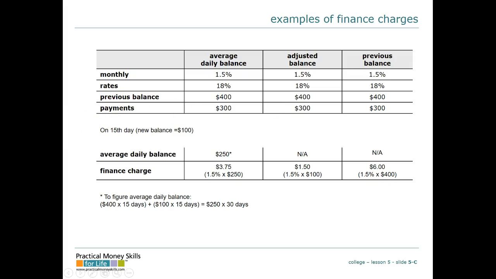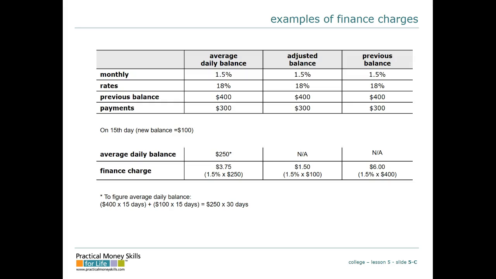Here are some examples of those finance charges. On an average daily balance, 1.5% monthly is an APR, an annual rate, of 18%. Adjusted and previous are all the same. And then notice the balance and the payments.